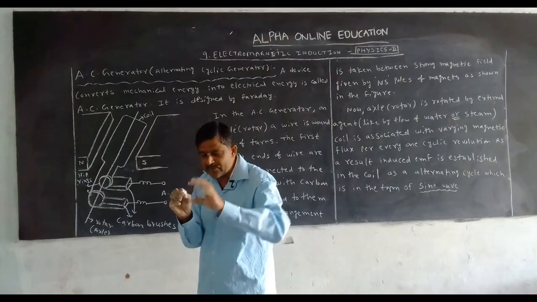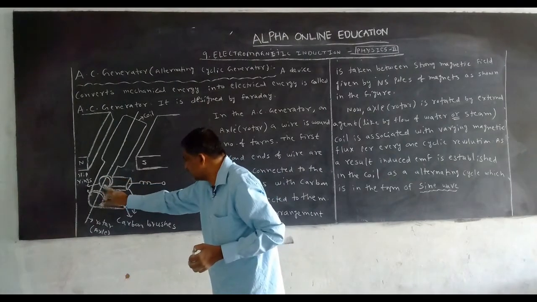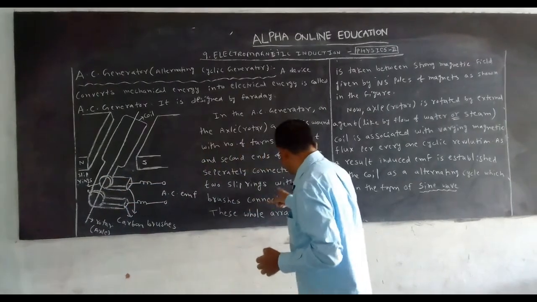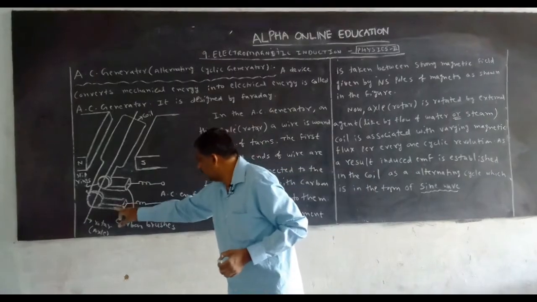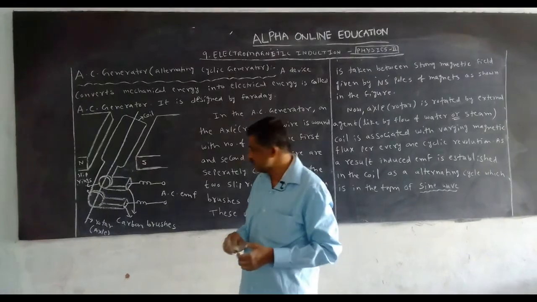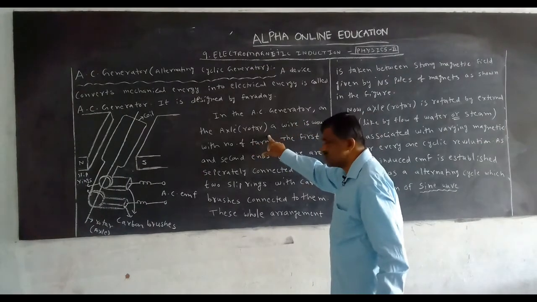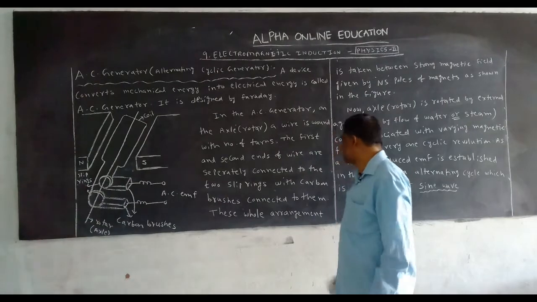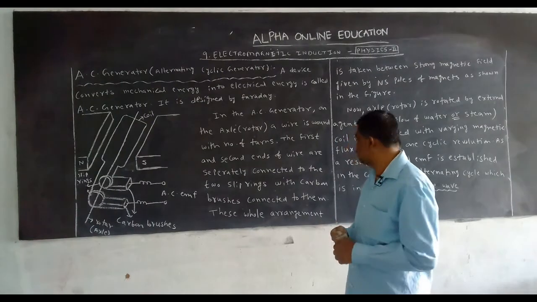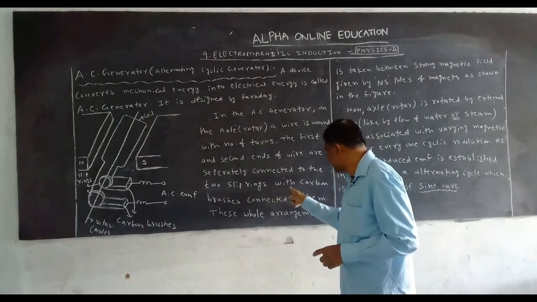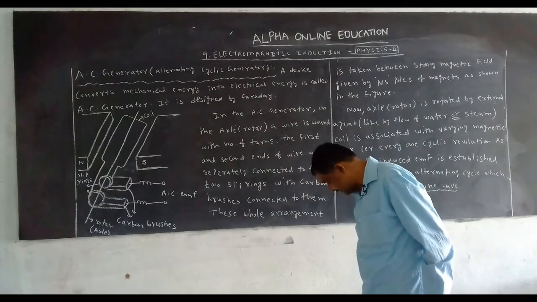The two slip rings are connected with carbon brushes. These two are called carbon brushes. Once again, in an AC generator, on the axle, that means the rotor, a wire is wound with a number of turns. The first and second ends of the wire are separately connected to the two slip rings with carbon brushes connected to them.